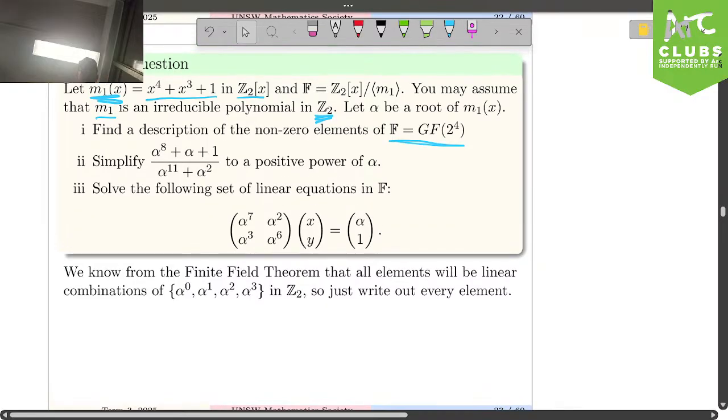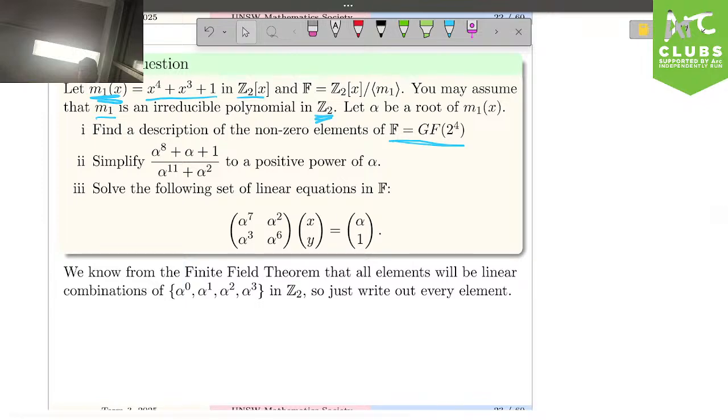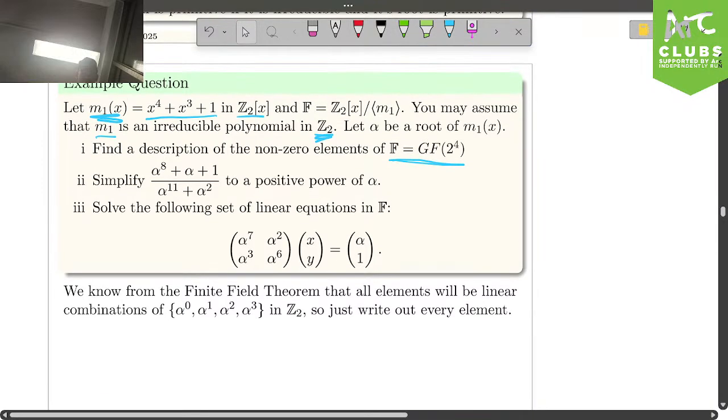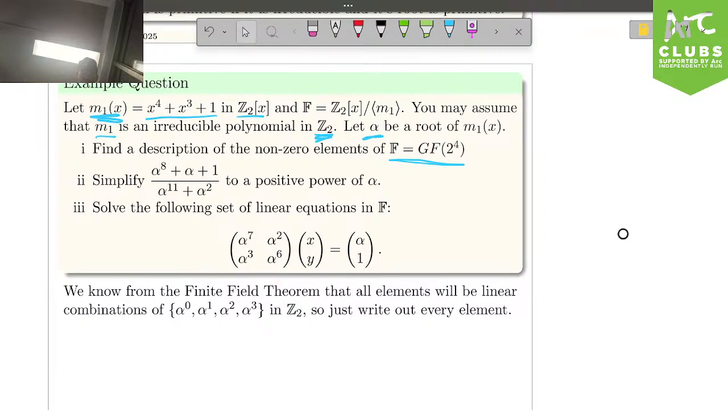So there's 2 ways we can do this. We know that alpha is a root. The finite field theorem tells us that the field is a vector space in powers of alpha. So that means we can write every element of the field as just 0, 1, alpha to the 1, alpha to the 2, alpha to the 3. All right.